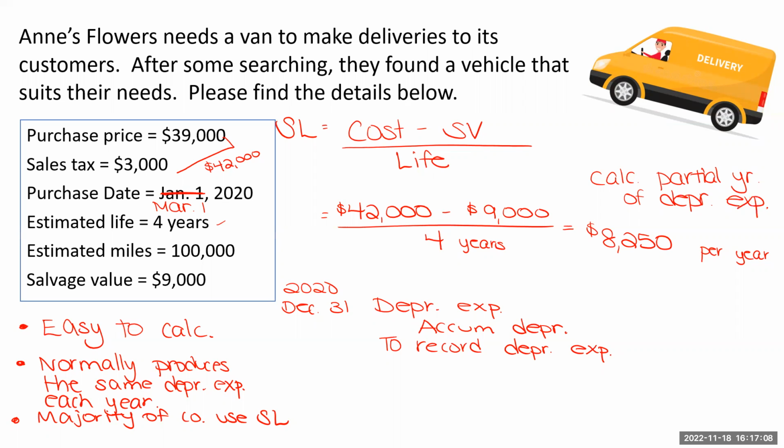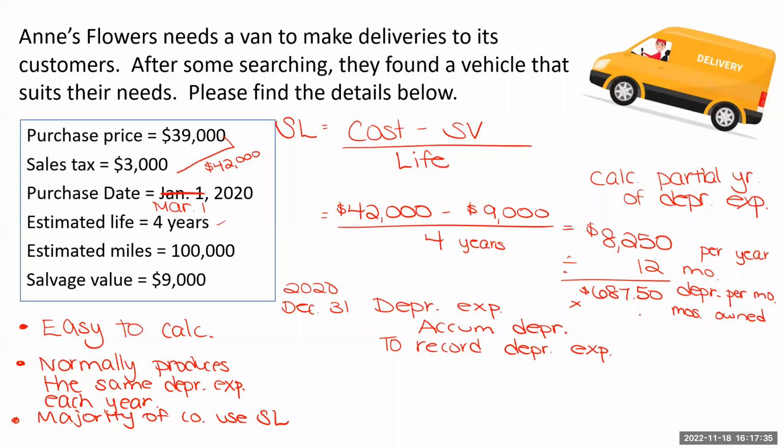Still not too bad, right? You know what it is per year. We could then divide that by 12 months to find out our depreciation expense per month. Okay, 8,250 divided by 12 gives us 687.50.